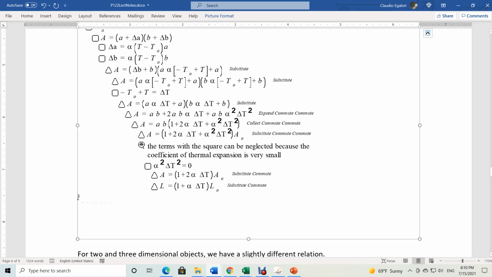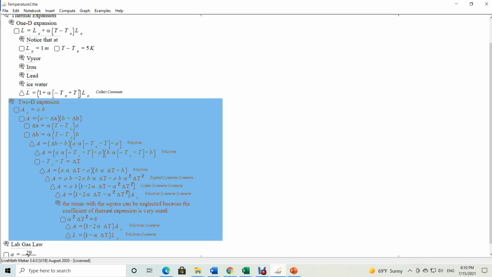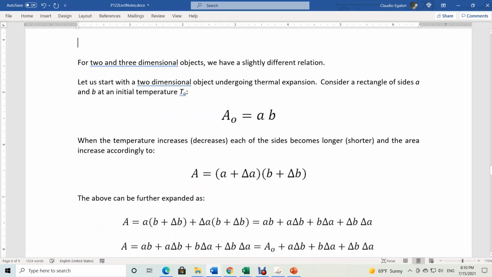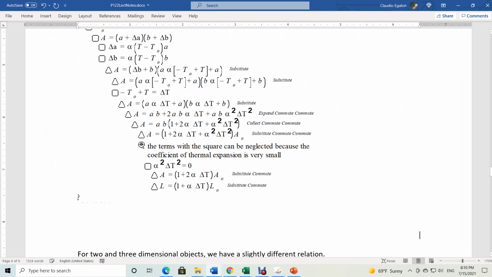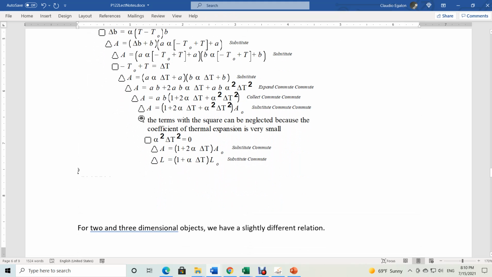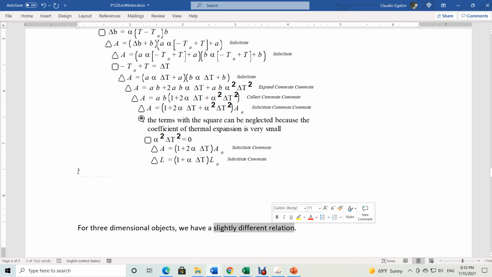For 3 dimensions, for a 3-dimensional object, we have a similar derivation.